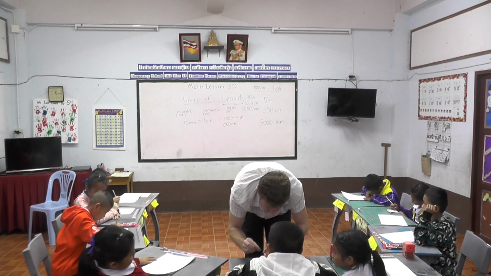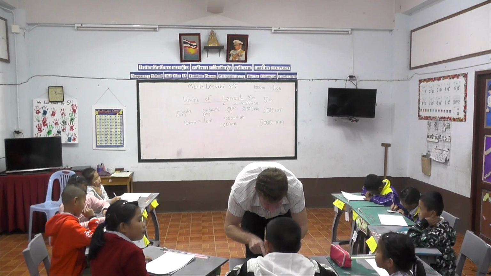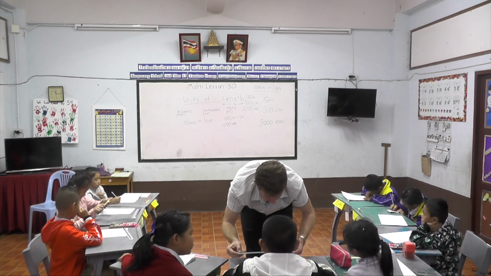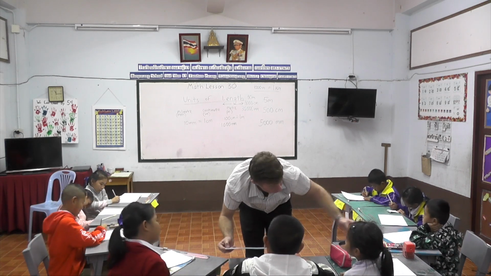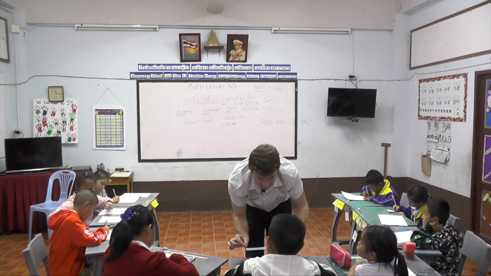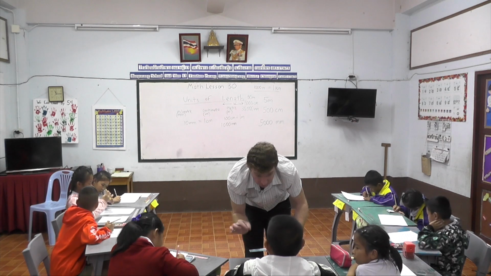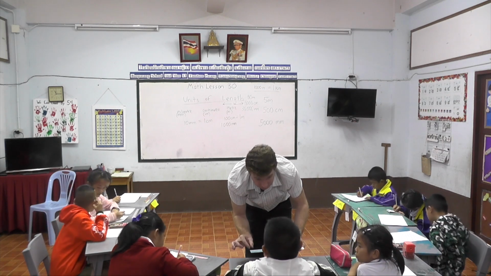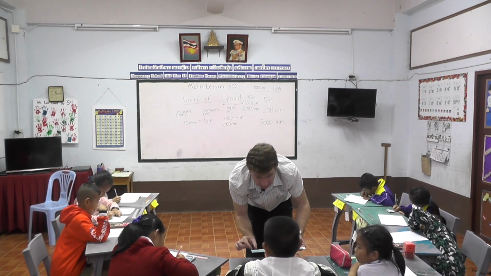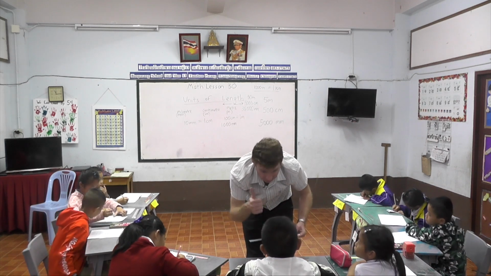The smallest one, 1 millimeter. And then 1 centimeter. And then if we have 100 of them, 1 meter. Millimeter, can you say millimeter? Millimeter, centimeter, and meter. Excellent.